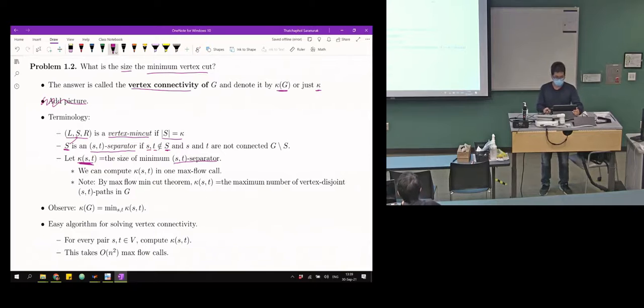And we know that you can compute this using max flow. Why is that?